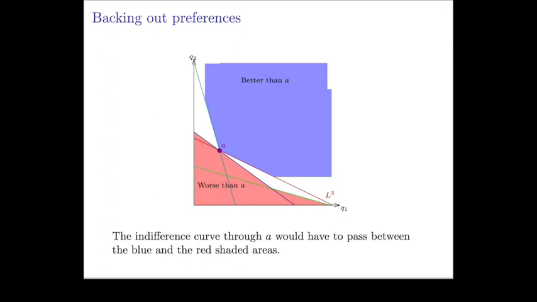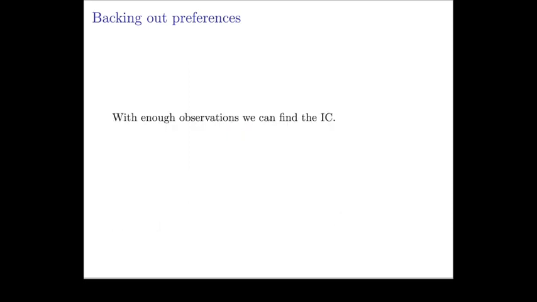The indifference curve would have to pass in this unshaded area. We haven't pinned it down exactly yet, but we're starting to narrow it down. If we had enough observations, if we had many observations, we would be able to get it exactly. But if we have fewer observations, we could still get a pretty good estimate of what it would be. So we can get an approximation.